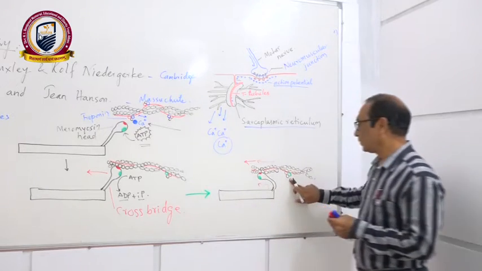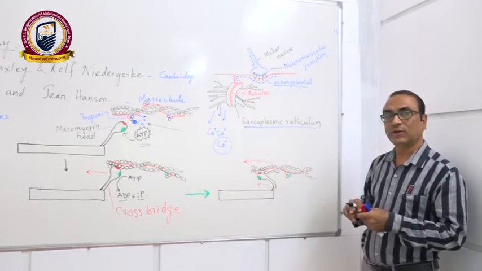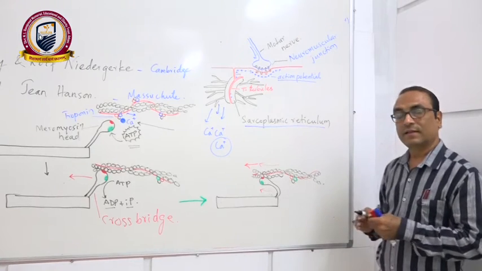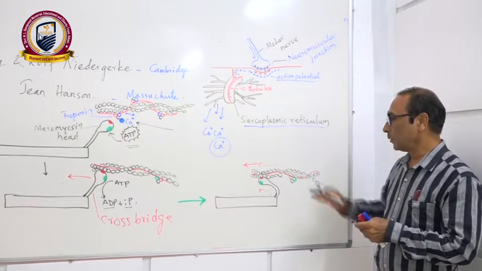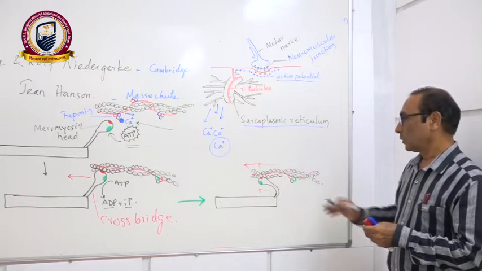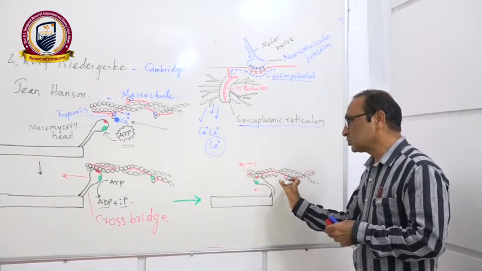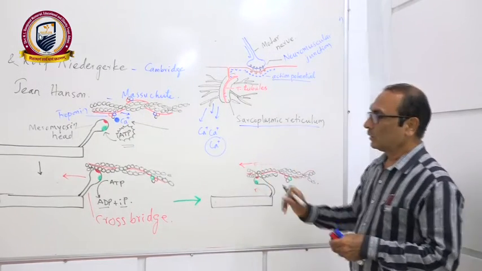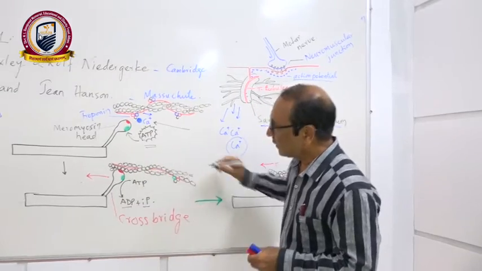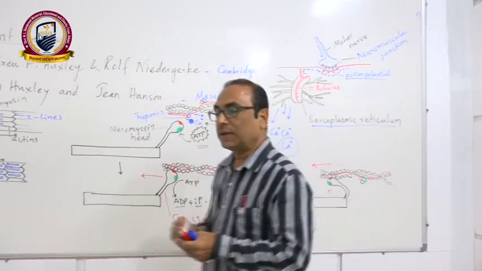By that time, by the help of the calcium ions, the active sites are made open by moving the tropomyosin away, so that further it makes connection and pulls again. So bit by bit the actin filament is being pulled inside.